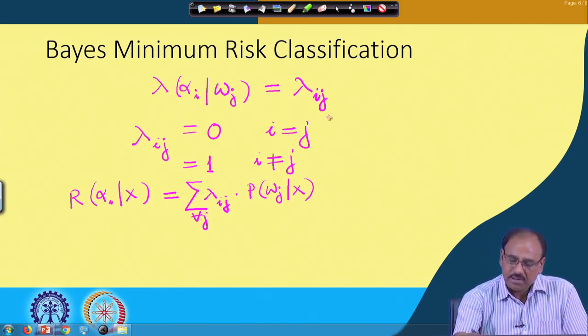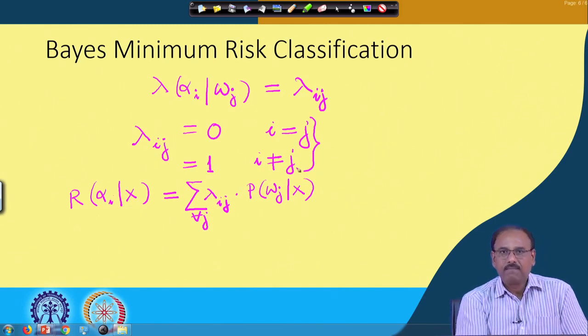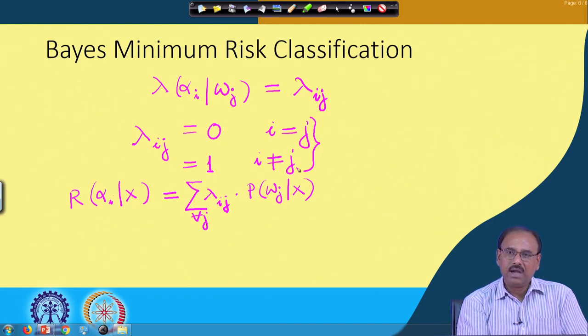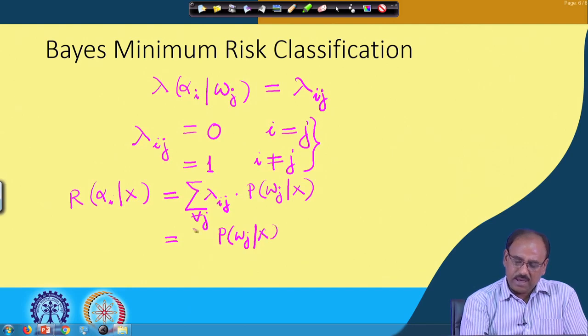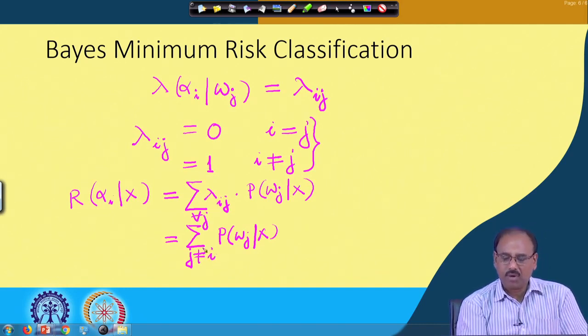and the sum of this over all j. And now taking these values of lambda i j, we have defined that wherever i is equal to j, lambda i j is equal to 0, and wherever i is not equal to j, lambda i j is equal to 1. So, this expression simply becomes p of omega j given x, taking the summation over all j not equal to i, because wherever j is not equal to i, lambda i j is 1, and whenever j is equal to i, lambda i j is equal to 0.